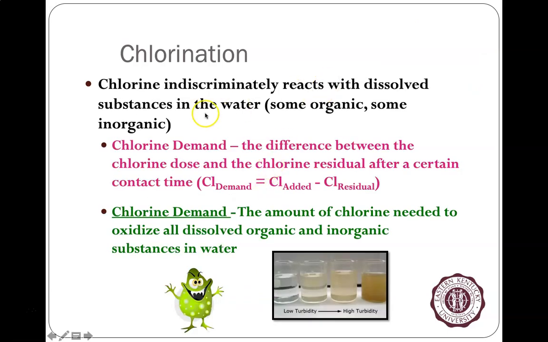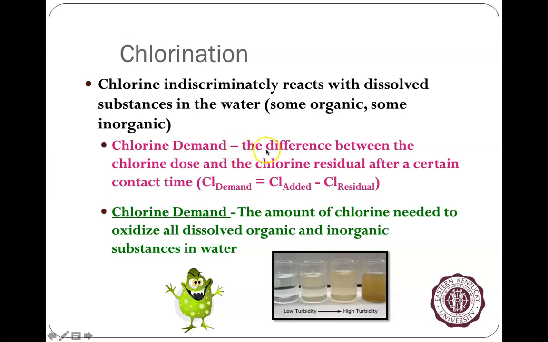Now, chlorine indiscriminately reacts with the dissolved substances in the water. It's not seeking out which pathogens to kill and leaving certain things alone. So chlorine will be used up or will be bound with both organic and sometimes inorganic compounds in the water. The chlorine demand is how much chlorine is needed.